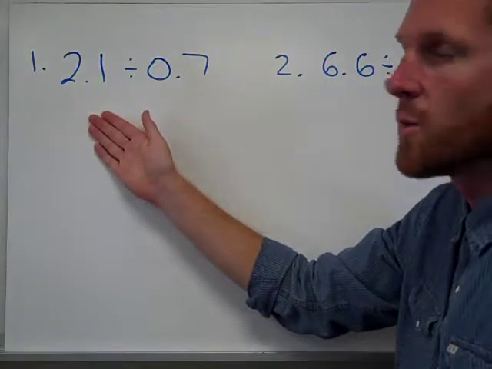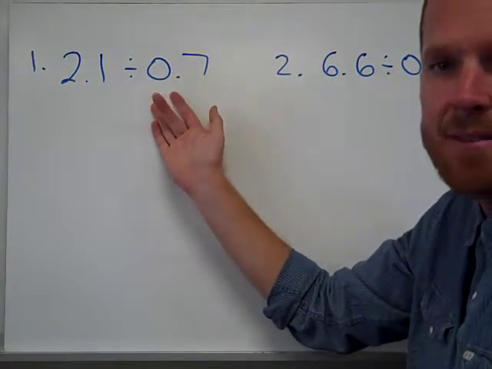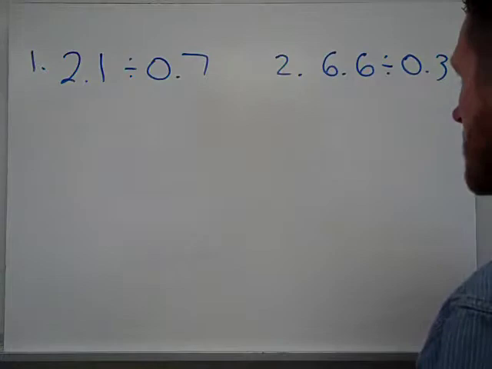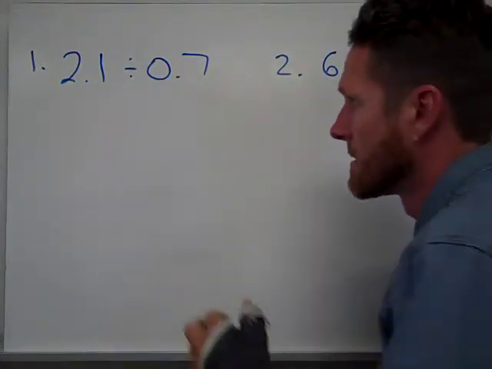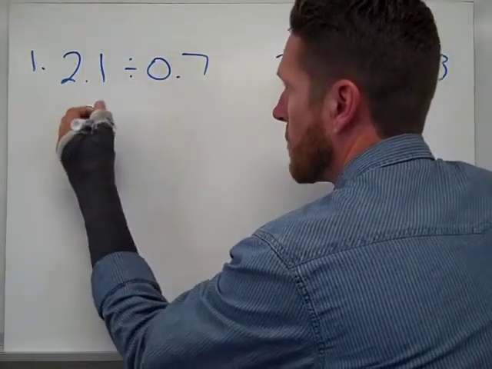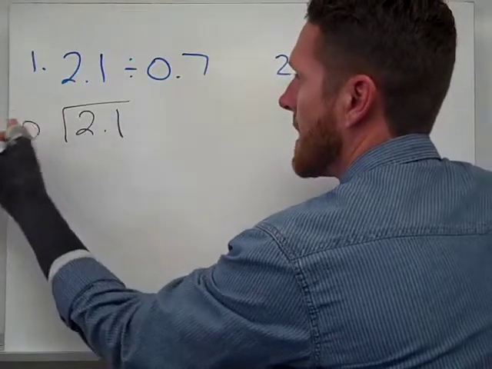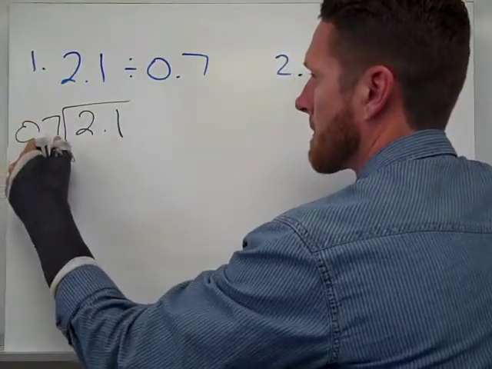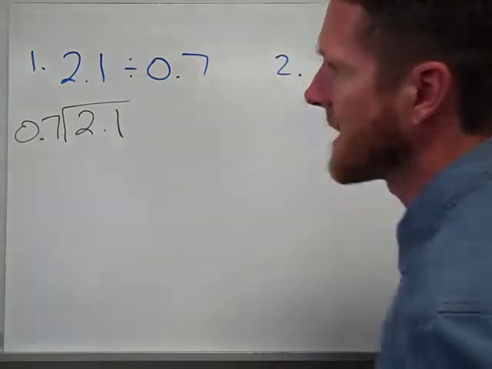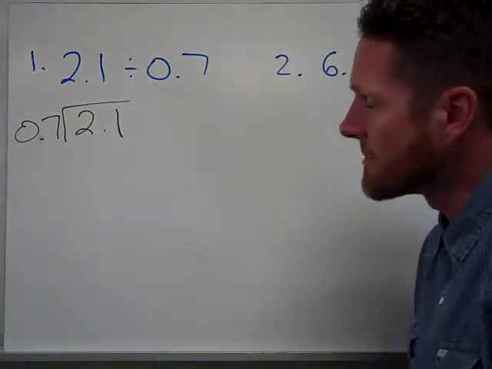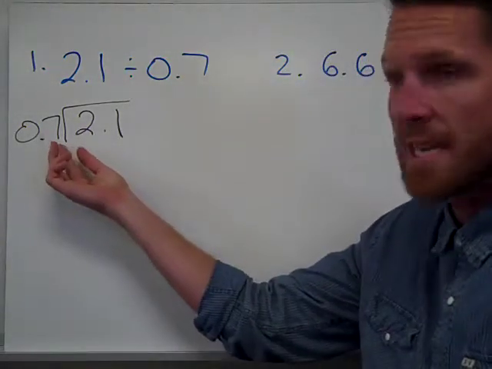Here we have 2.1 divided by 0.7. The number on the outside needs to become a whole number.